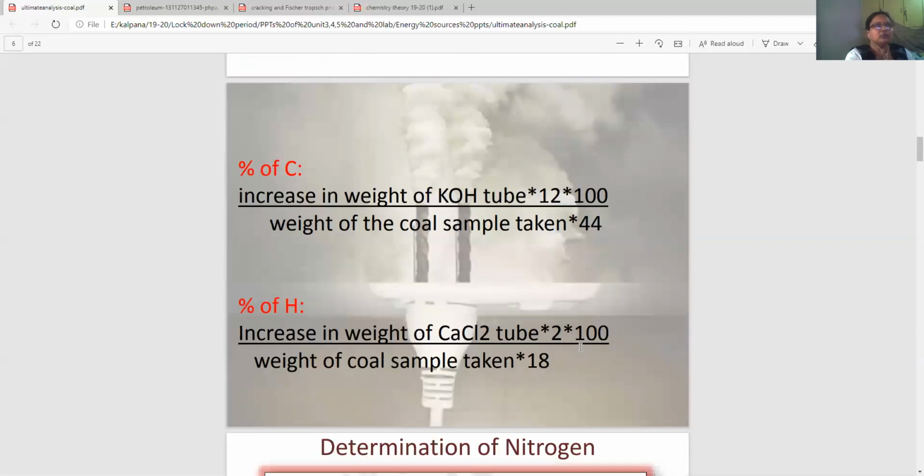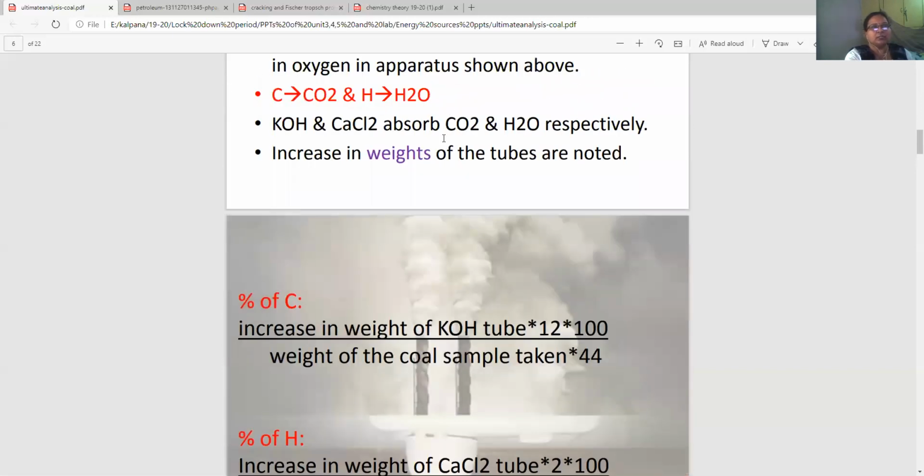So the increase in the weights of the tubes will be noted. Right? So percentage of carbon is given as increase in the weight of KOH tube into 12, that is the atomic weight of carbon, into 100, because we are taking the percentage, by weight of the coal sample taken, into 44. This 44 is the molecular weight of carbon dioxide.